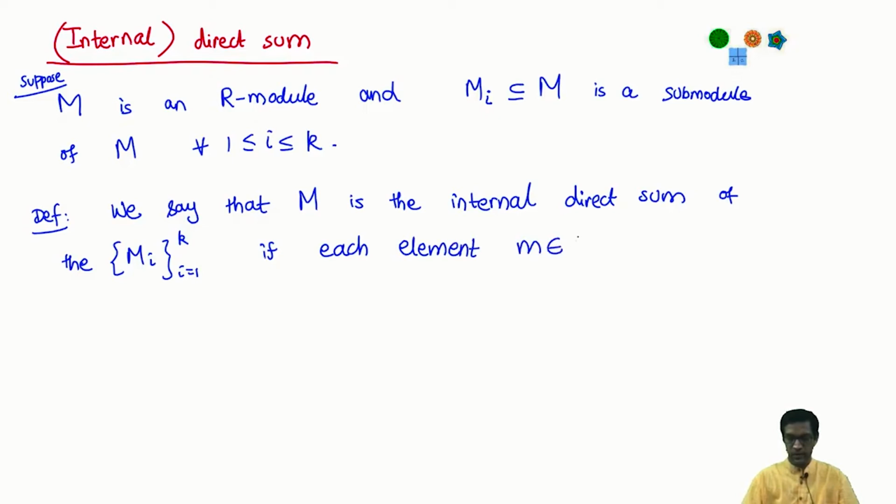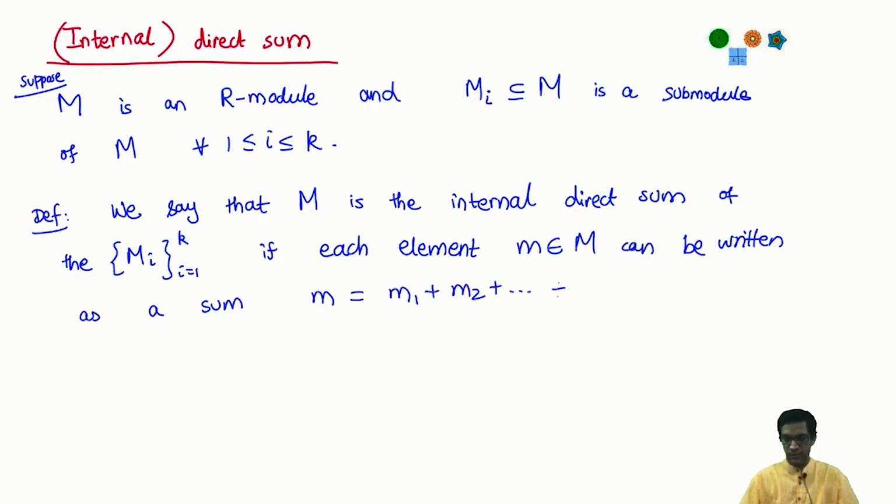m belonging to M can be written as a sum m equals m1 plus m2 plus mk, where mi is coming from the corresponding module Mi for all i, in a unique manner.